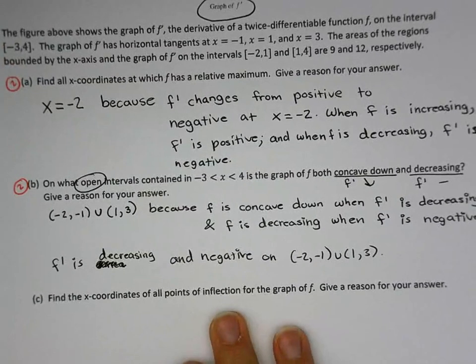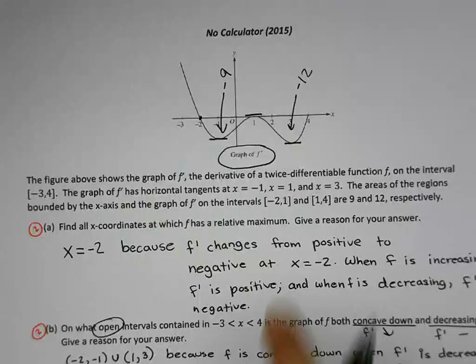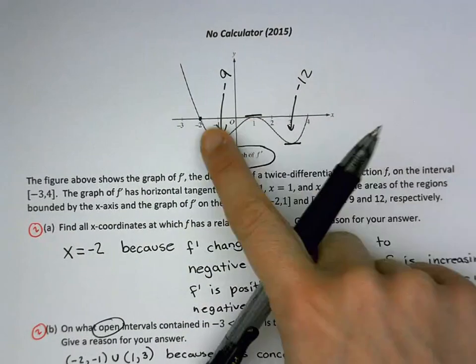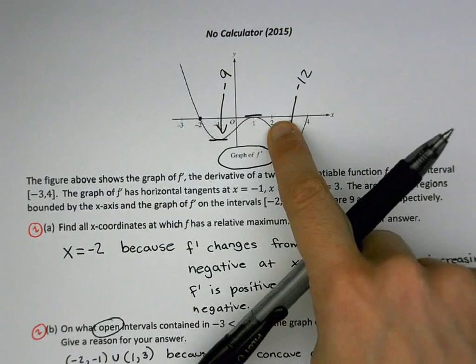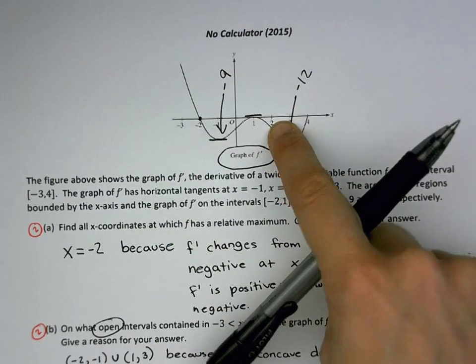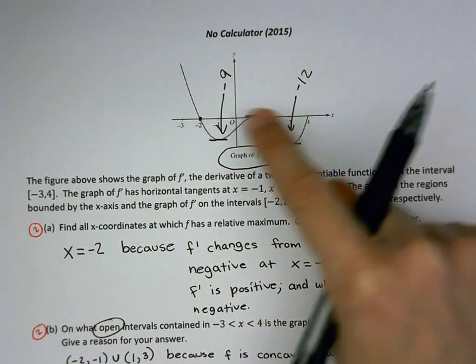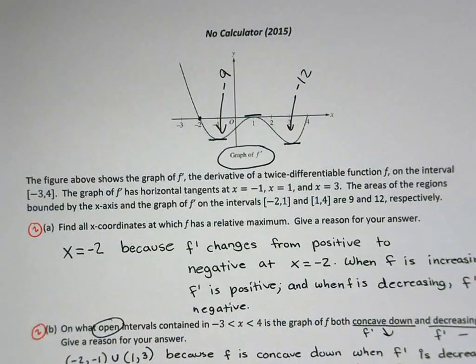Where does that happen? Well, on my f prime graph here, f prime changes from decreasing to increasing at -1 and at 3. Okay, f prime changes from increasing to decreasing at 1. And so then you'd write that, right?